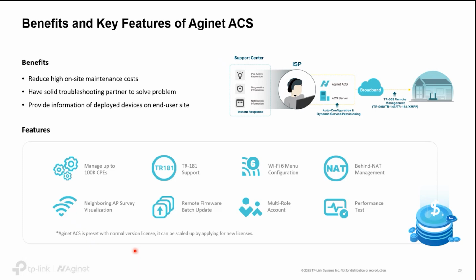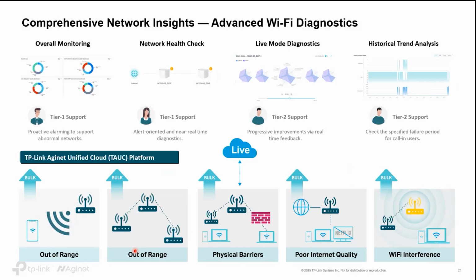But it's there, it's free if you want it. It is up to 100,000 CPEs it can manage. It can't manage big networks, but 100,000, that's quite a substantial size, and it's there for you if you want to use that.